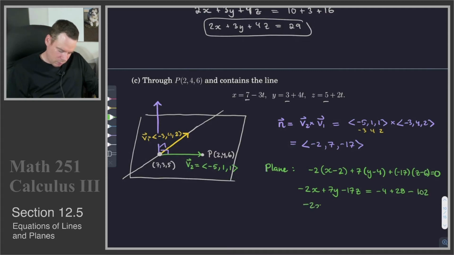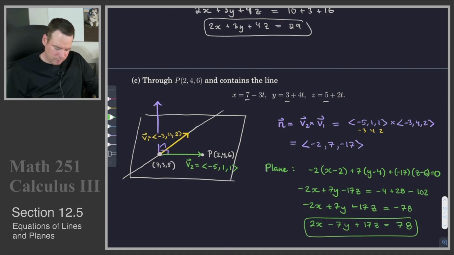And so negative 2x plus 7y minus 17z is equal to negative 106 plus 28, so that is negative 78. And we could scale through this whole thing by negative 1 just to get 2x minus 7y plus 17z is equal to 78. And so there is the equation of our plane.